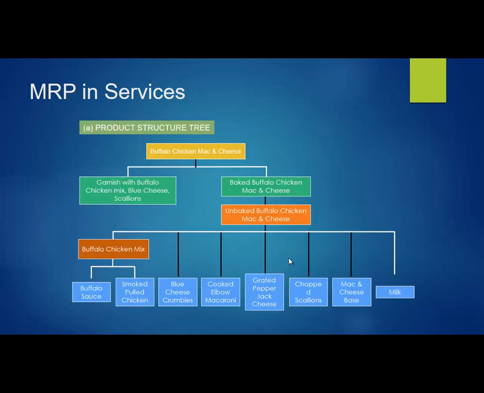This is an example of a meal in a restaurant that has been ordered by a customer. So that's a demand, and the customer created that demand. Resources will be planned accordingly to fulfill that demand.